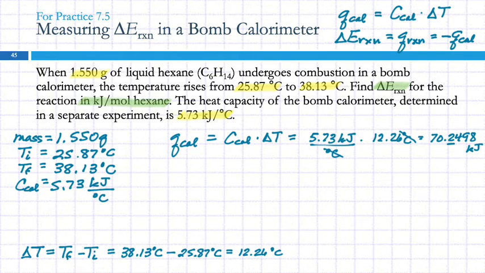So then we know that Q for the reaction is equal to negative qcal. So Q for the reaction is negative 70.2498 kilojoules, and that would be equal to delta E. H is next.